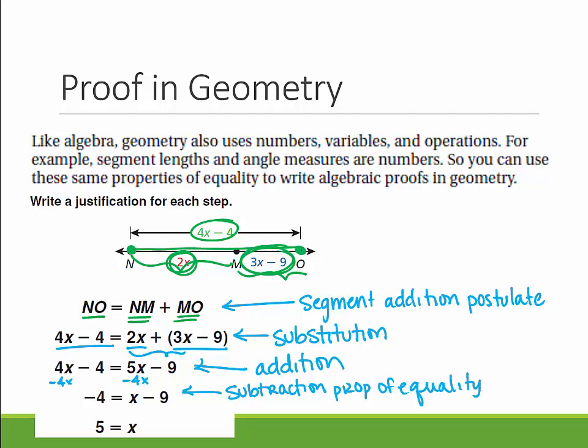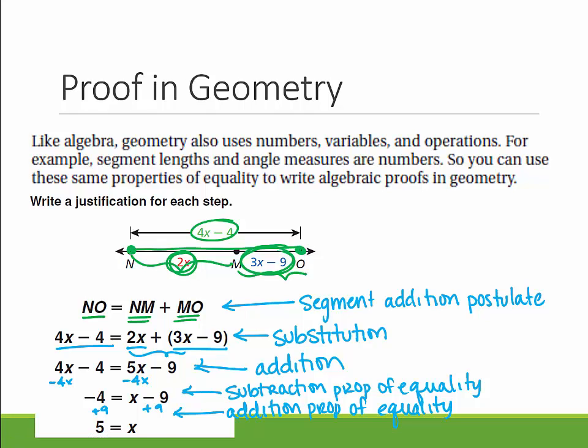And then again, without much work, they added 9 to both sides, and that's where they got the 5 from. So we can say that this was the addition property of equality. And then finally, we have our answer, x equals 5.